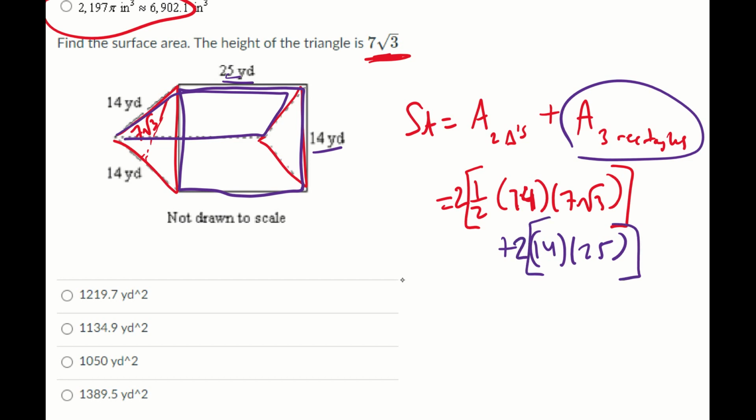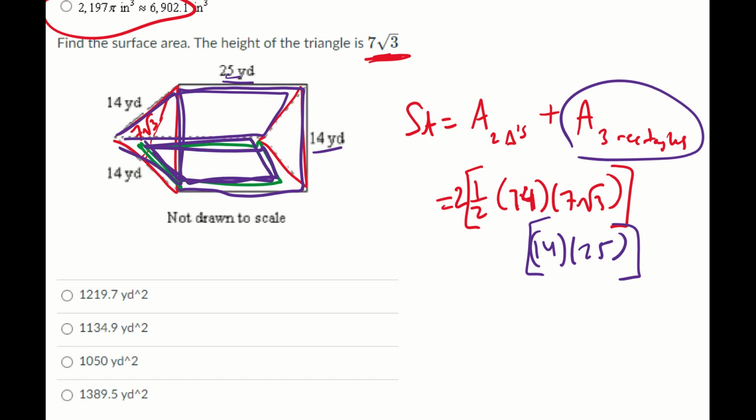And then I'm going to do the one on the bottom. The one on the bottom is a 14 by, oh, actually, now that I think of it, yeah, now that I think of it, they're all the same. All of these are the same, so I'm going to color this purple as well. This is also going to be a 25 by 14, because this is an equilateral triangle.